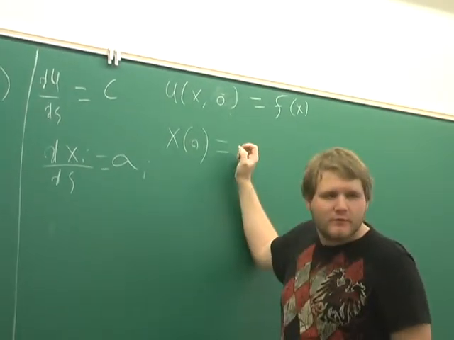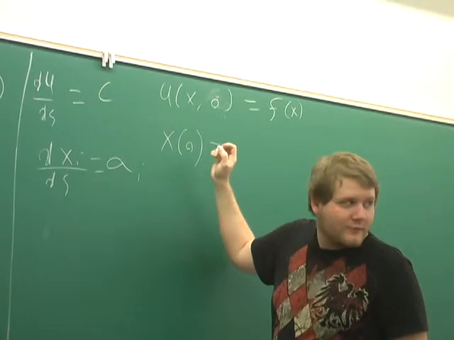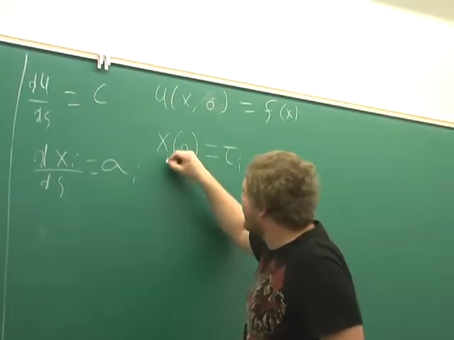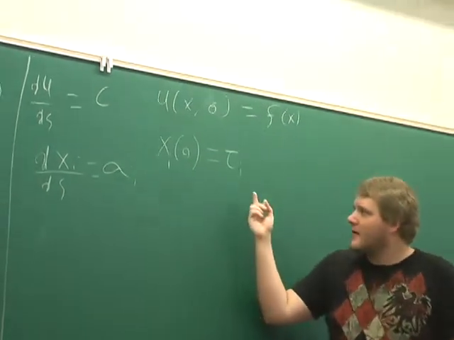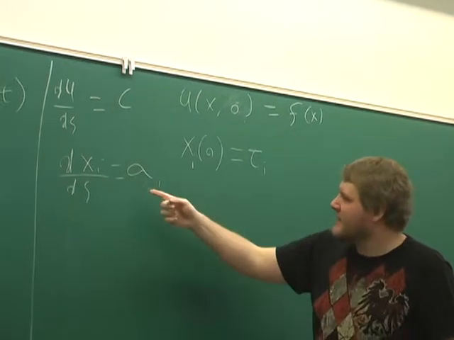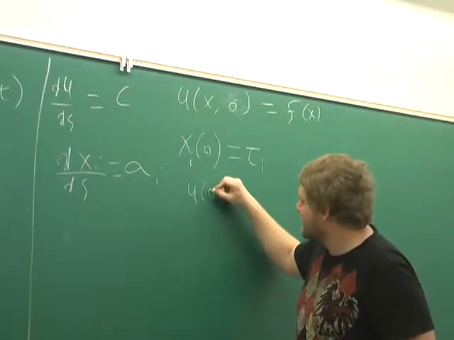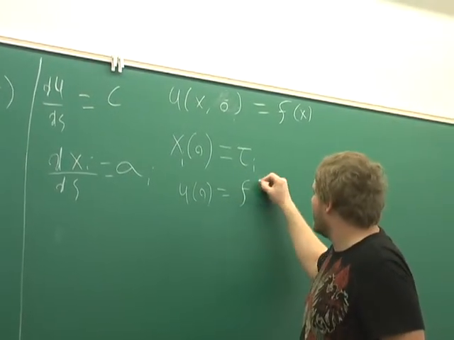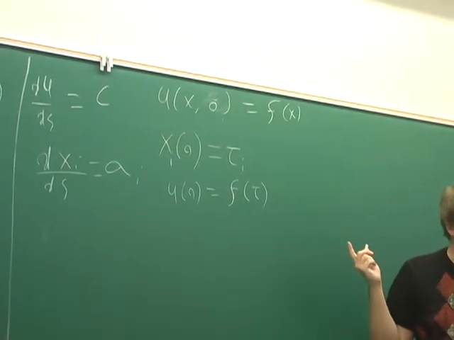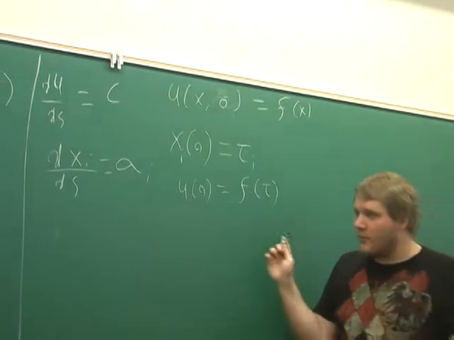Is that the way we do it? Those of you who are in fluids? Since we have I spatial components, we have I parameters here, and then we have that u at 0 is parameterized as f of tau. Is this correct for what you remember for method of characteristics? Is this clear?